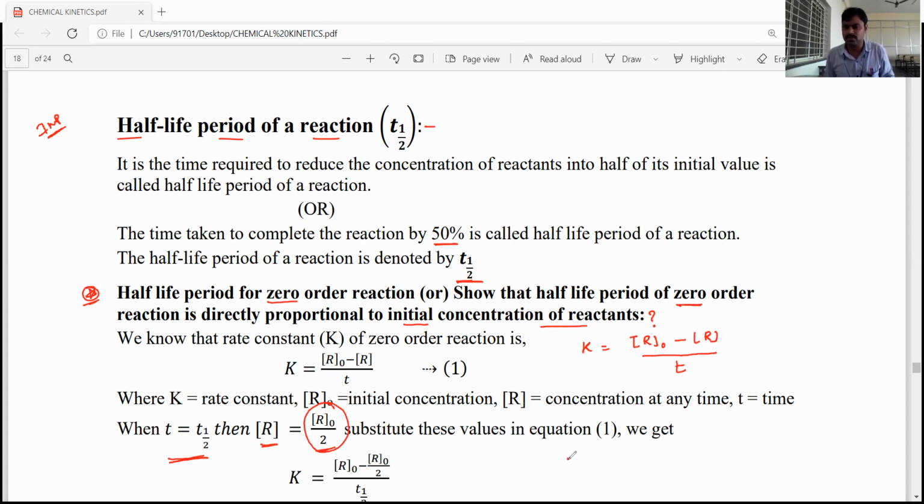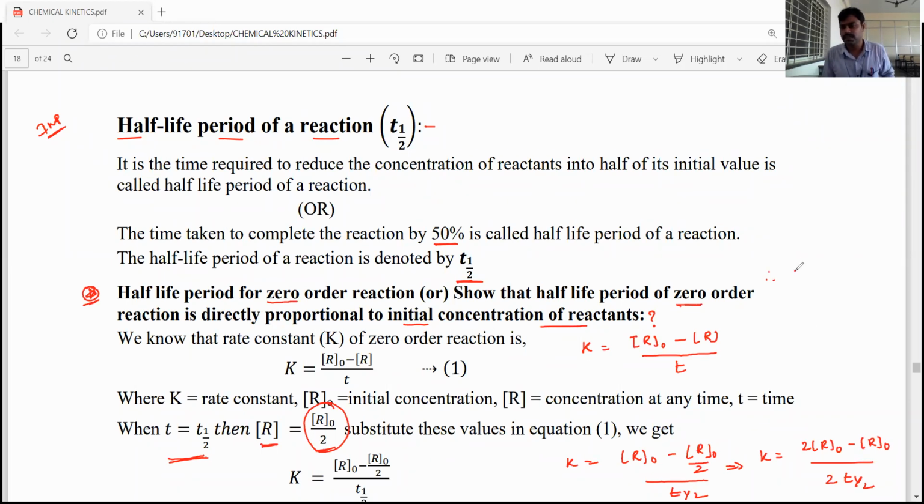Then K is equal to R naught minus R naught by 2, whole divided by T half. Just simplify, dear student. This is 2 R naught minus R naught, by 2 T half. 2 R naught minus R naught is nothing but R naught.